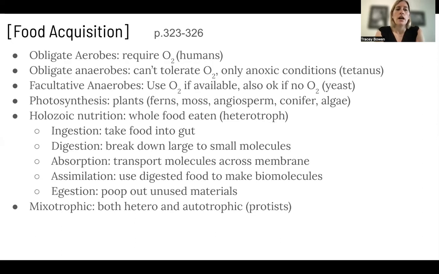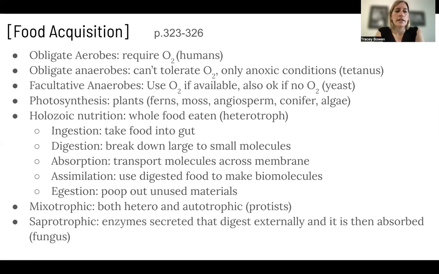And so for holozoic nutrition strategies, you could also have mixotrophs. That would be like a Venus flytrap. So they're both hetero and autotrophic. Autotrophs are photosynthesizers. Mixotrophs examples could also be protists, which are unicellular eukaryotes. And then saprotrophs are also holozoic.